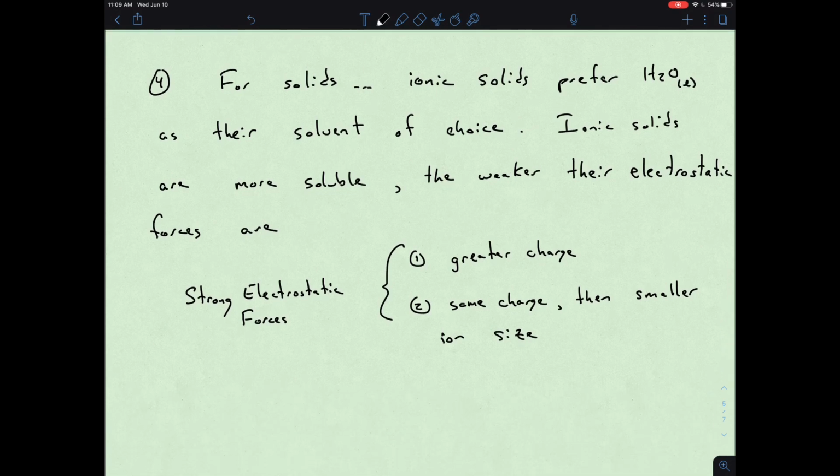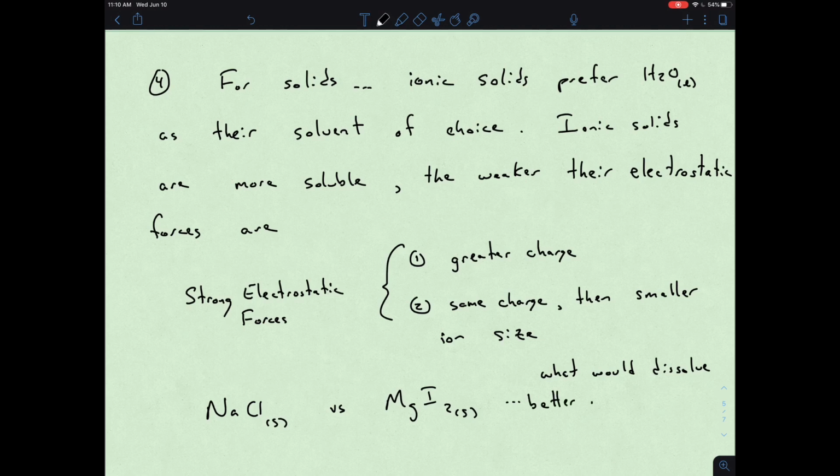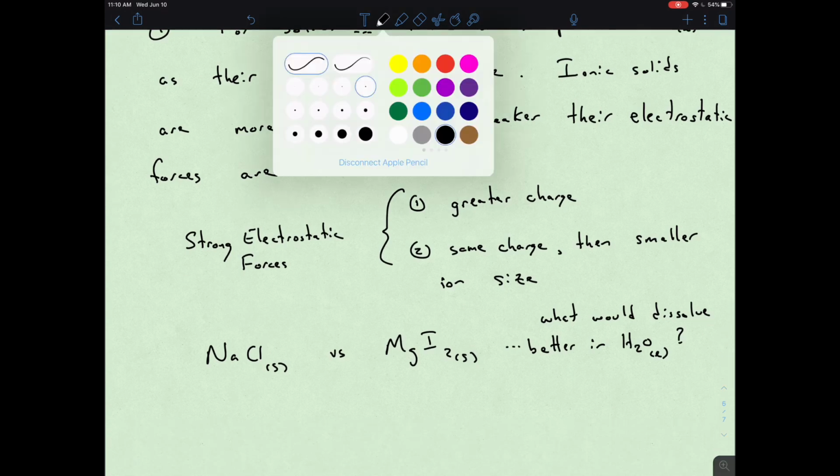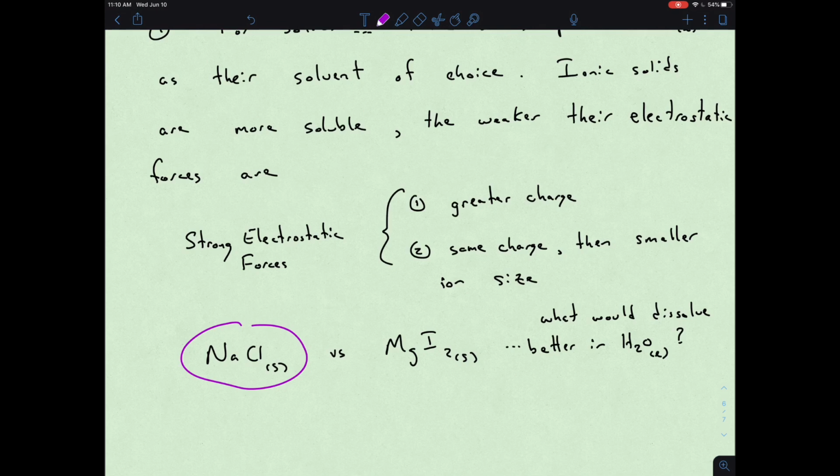So if we were looking at sodium chloride versus magnesium iodide, and ask the question, what would dissolve better in H2O, we would answer sodium chloride.